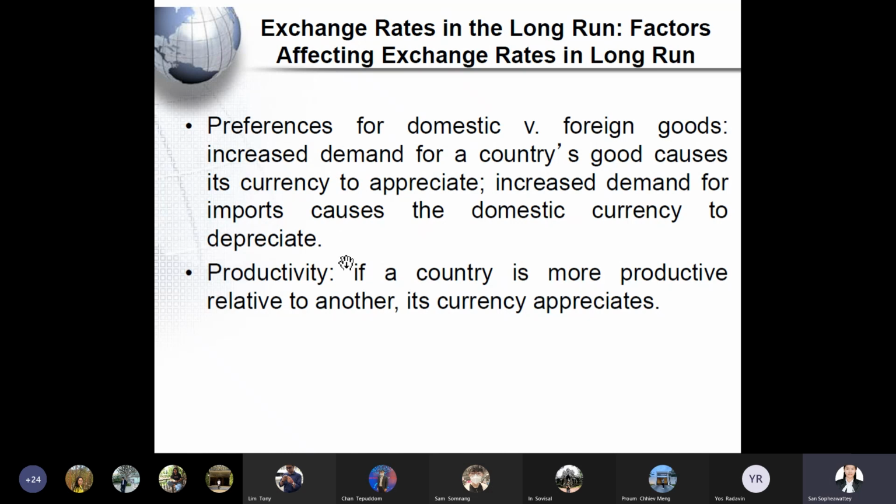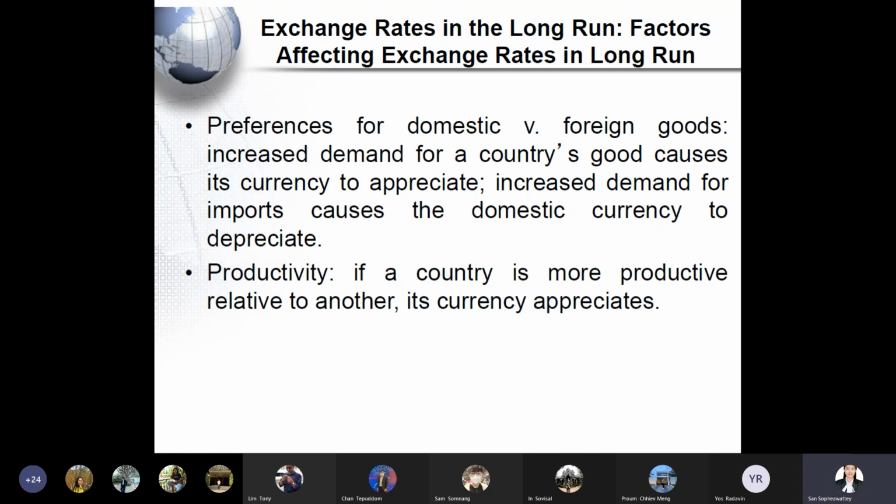And the last one is productivity. When the productivity of a country increases, it tends to increase the output of the domestic sectors that produce goods and services, especially the traded goods rather than the non-traded goods. So higher productivity is associated with a decline in the price of domestically produced traded goods relative to foreign traded goods.